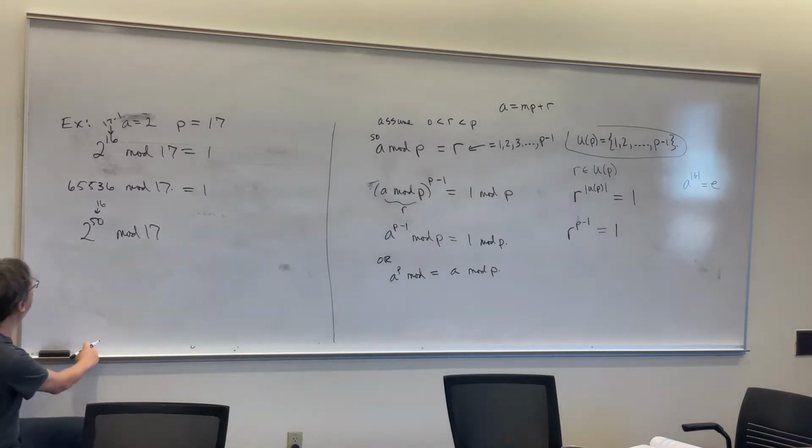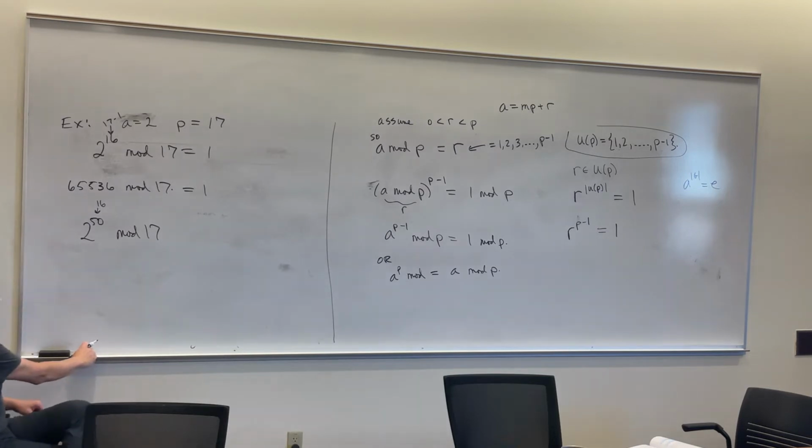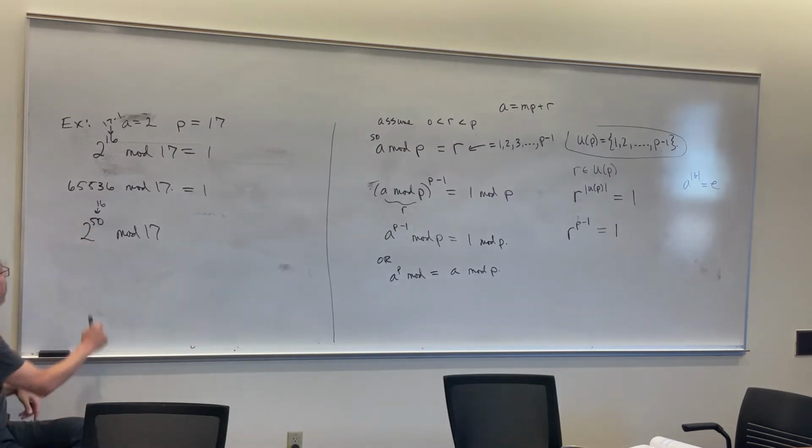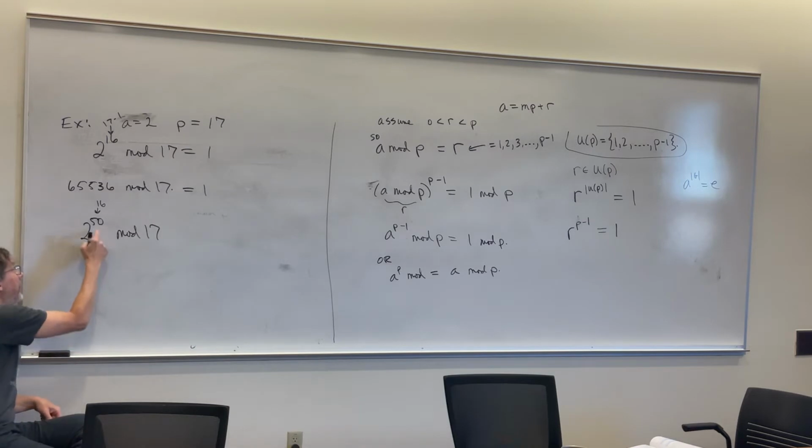Can you explain what you mean a little bit, Kyle? I see what you're saying, you're taking 2 times 17. That's one way to get 16. Kyle has noted that this is 2 to the 16 times some number.